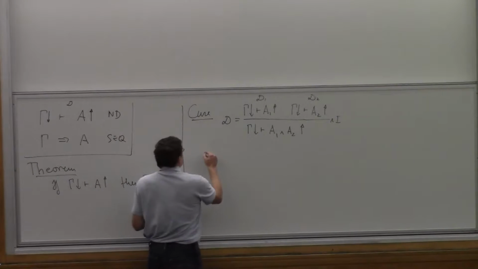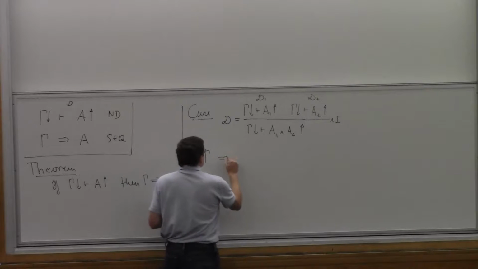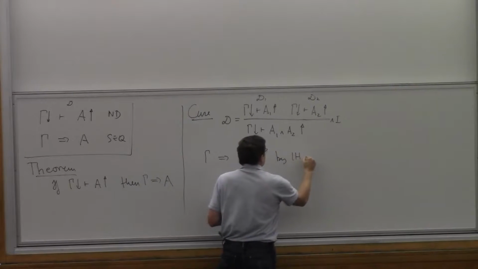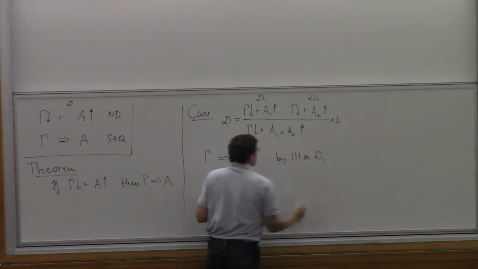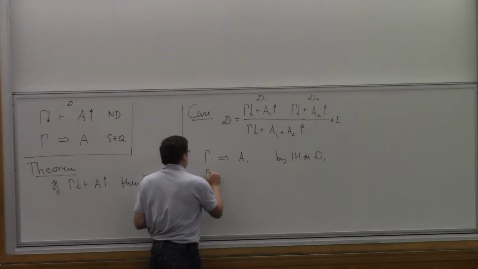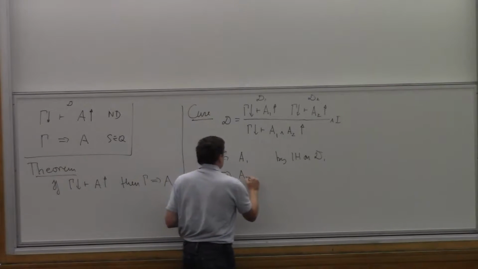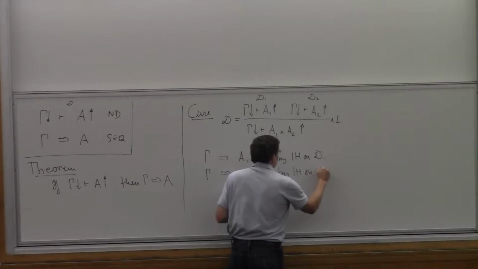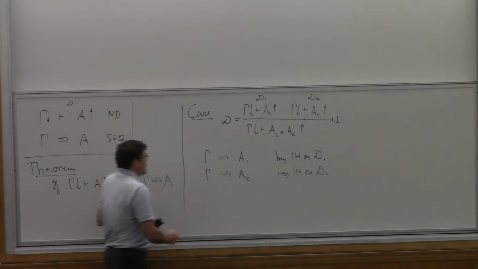Yeah. So we get from gamma we can prove A1, and this is by induction hypothesis on D1. Okay? We can apply the induction hypothesis to D2, so we get gamma proves A2, and we get this by induction hypothesis on D2.